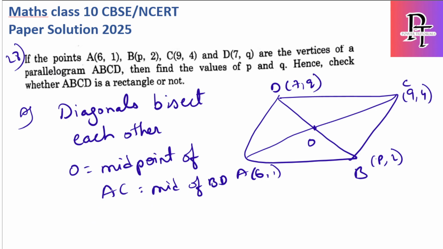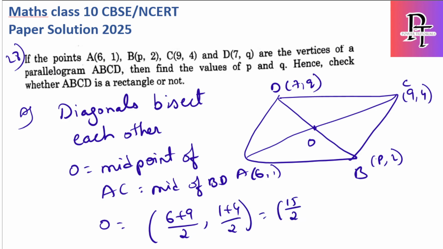Okay, so for AC I am writing first. So O is equal to ((6 + 9)/2, (1 + 4)/2), which is (15/2, 5/2). So we have the point O as (15/2, 5/2).